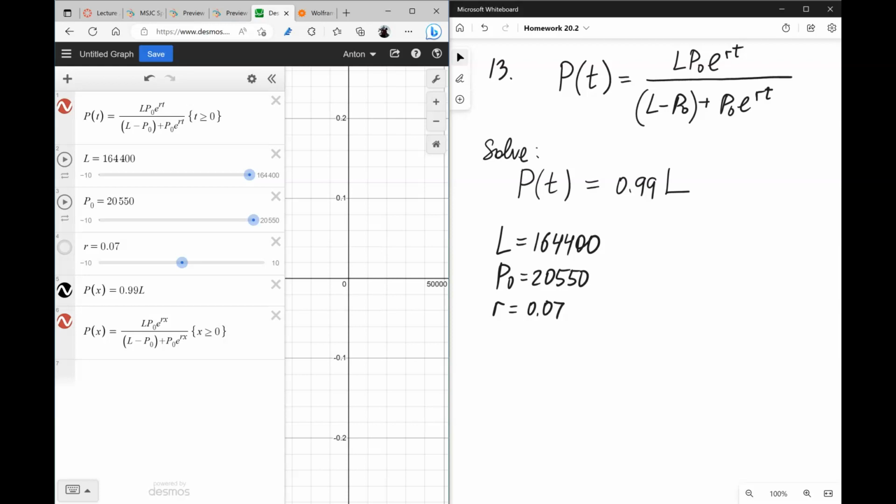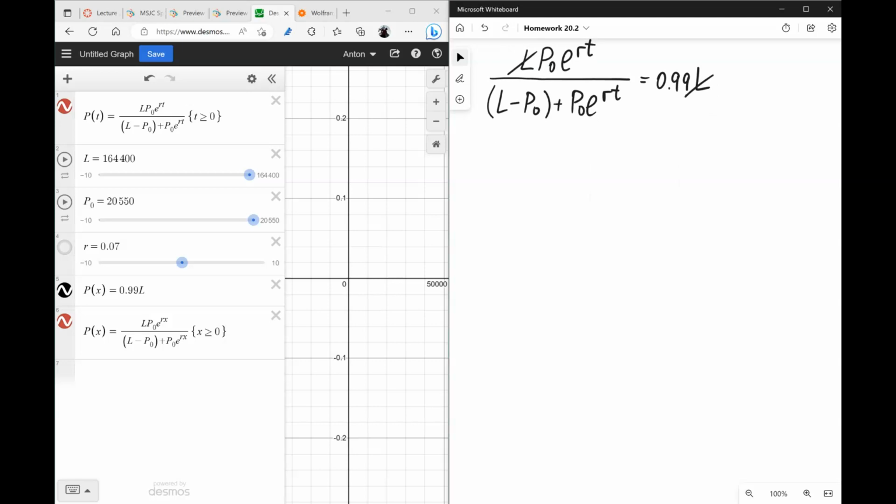Sure. So all we have to do is take this equation and set it equal to 0.99 L, which L can be reduced, and now we need to solve this equation for t. So we're going to multiply both sides.